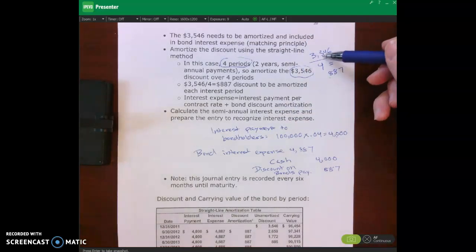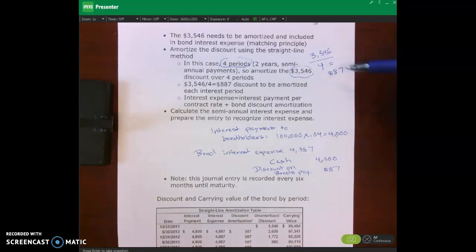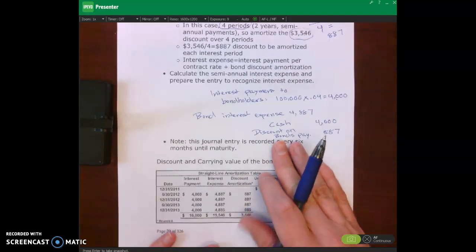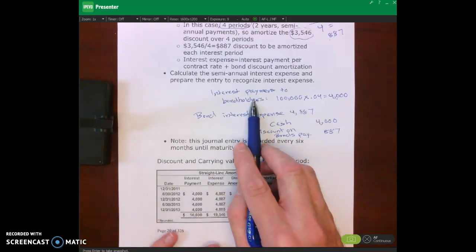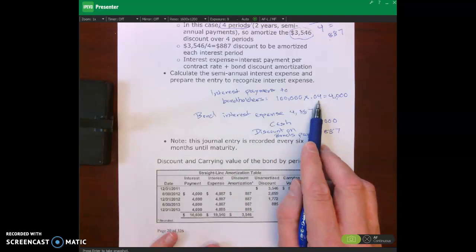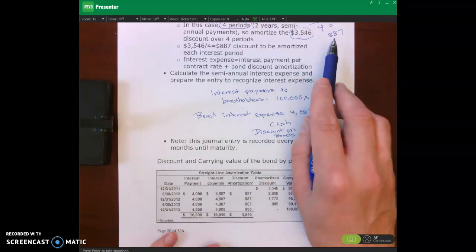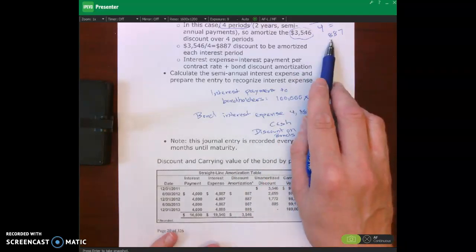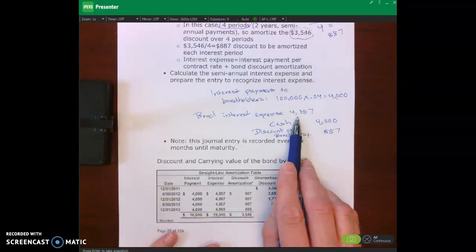So we want to match the revenues and expenses. The easiest way to do that is to take the total amount of the discount divided by the total amount of payments, 887. And what we did is we calculated the interest to our bondholders, par value times contract rate, 4,000. We added that 887, which is the amortized discount, to give us our total debit to bond interest expense of 4,887.